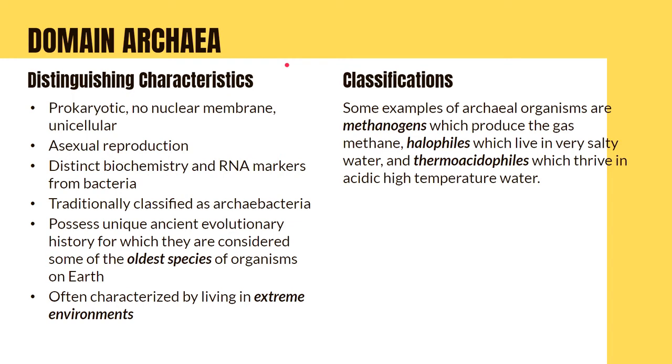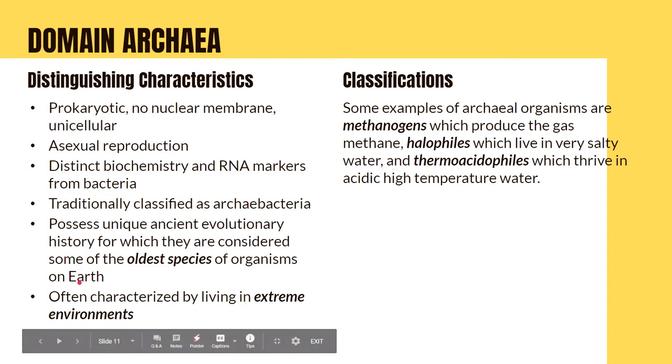What's notable about this domain is that they are known as the oldest species of organisms within our planet. Okay, scientists were able to see their unique ancient evolutionary history, and that allowed them to note them as the oldest species of organisms. So how do we know that?